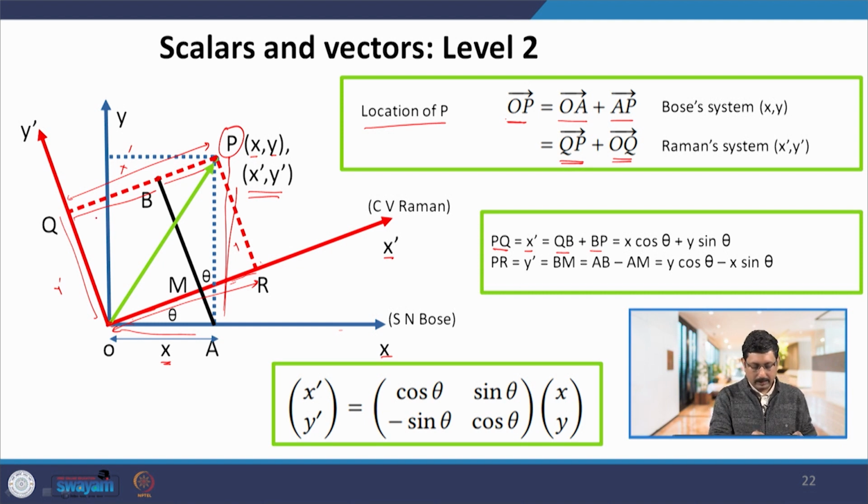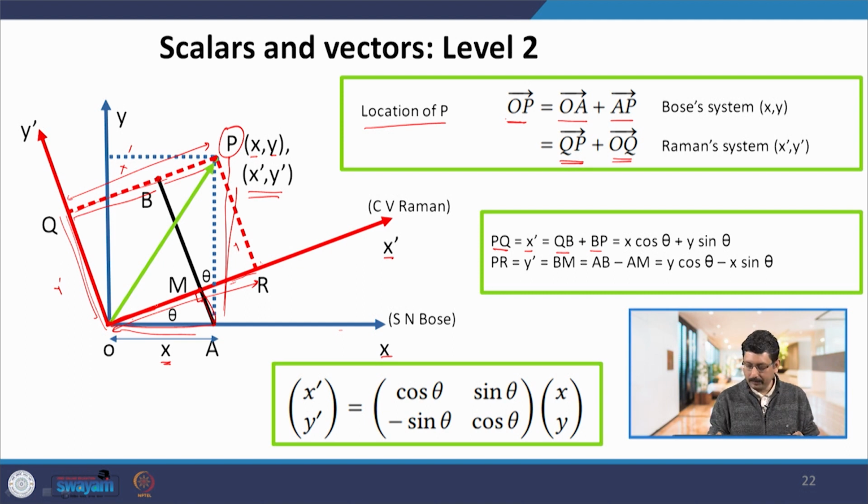So, you see that QB, so this is a rectangle. So, QB is same as OM, let us call this point as M, and if you consider this triangle OMA, in this triangle this is the x, this is 90 degree.